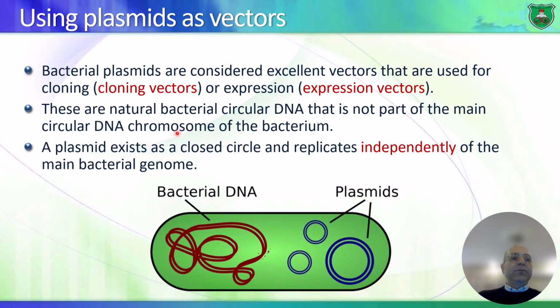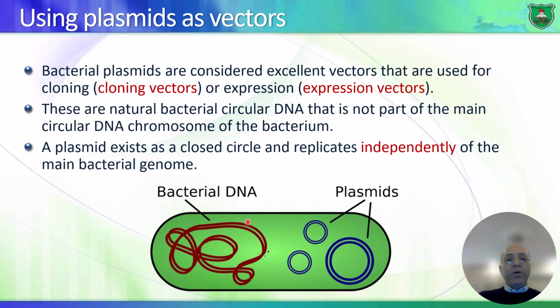Okay, so the idea here is what a plasmid is. It's extra chromosomal DNA in bacteria, meaning that if you look at a bacterial cell, each one of them has its own chromosome, the main genetic material, like E. coli, containing 4,000 different genes.